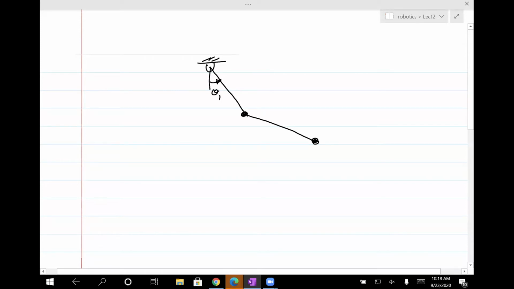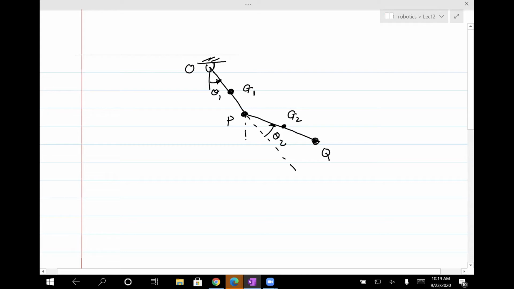And this is theta 1, and this is theta 2. The centers of mass are G1 and G2. Let's call this point O, this point P, and this point Q.